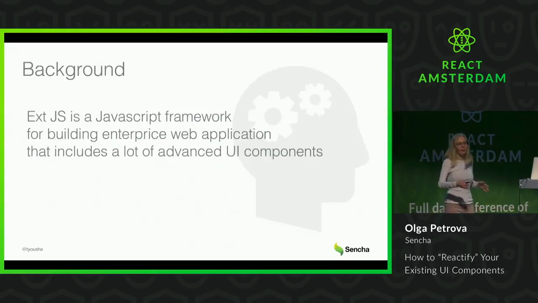So a bit of background: how did we come to this idea and decide to solve this issue? Our main product is the Ext JS library, a JavaScript framework, and it includes a lot of UI components. So the reasonable question was, why would we not make these components available for React users?